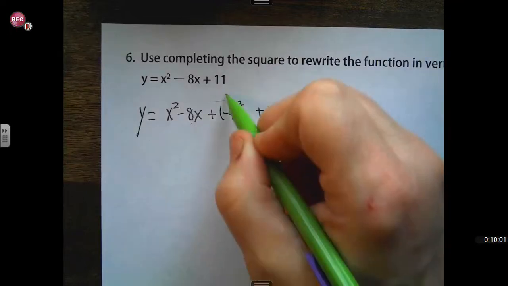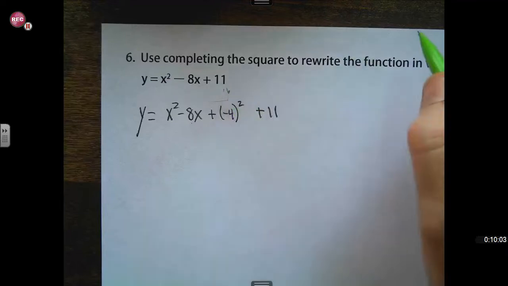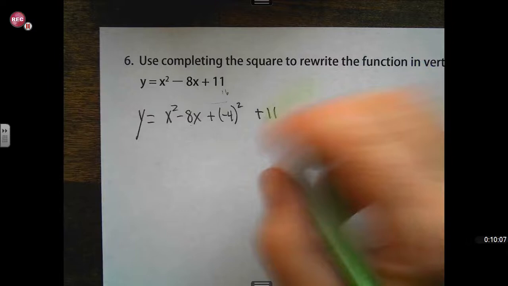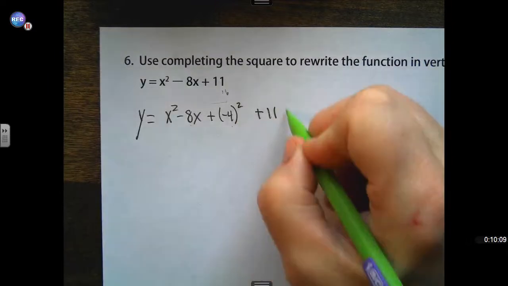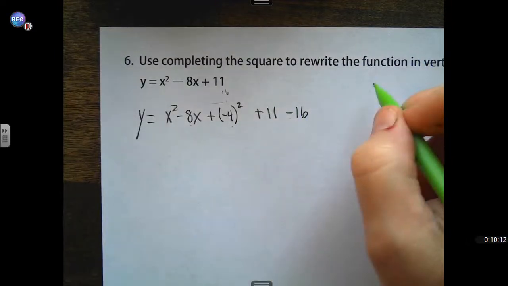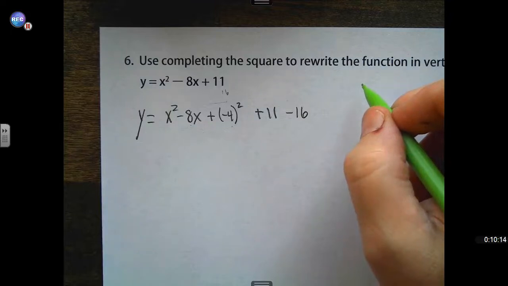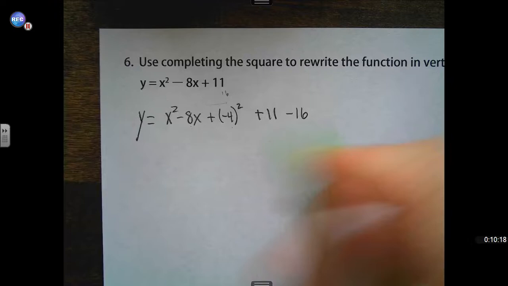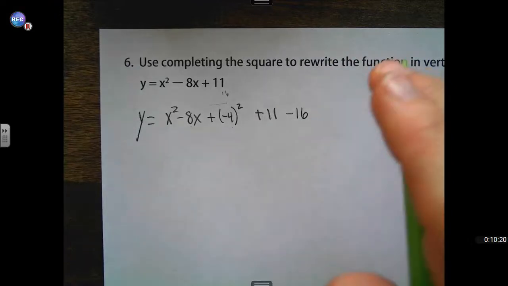And so I'm adding 16 to this side. Because I'm staying on the same side, if I add 16 here, I need to subtract 16 here. Okay? If I were adding to the other side, then I would have done that to the other side, obviously.